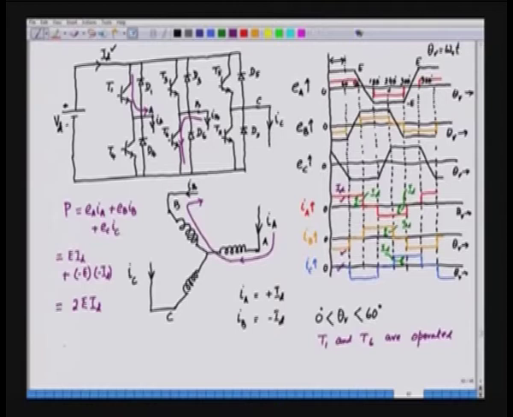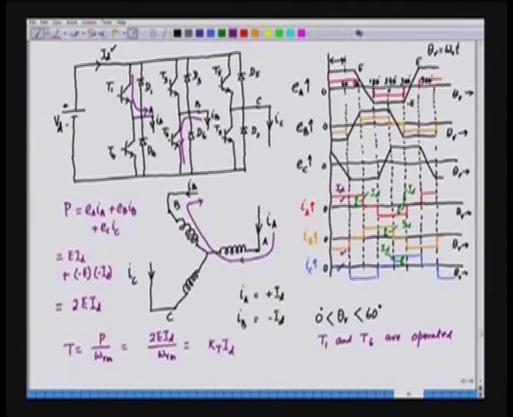The torque is power divided by the mechanical speed, omega r m, which is equal to 2 E ID by omega r m, and that equals a torque constant kT into ID.